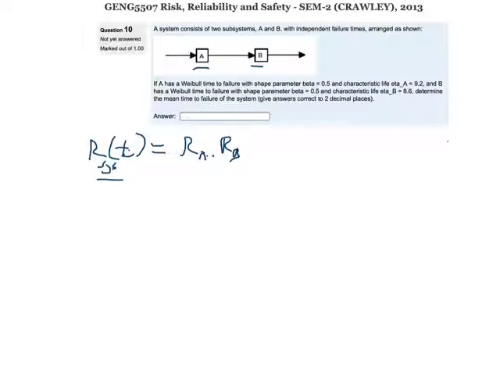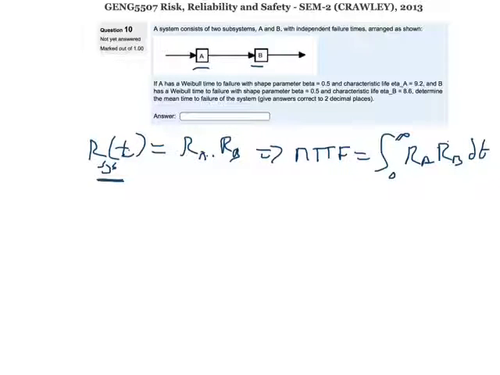And then we can say that mean time to failure is the integral from 0 to infinity of R system, which is going to be RA RB dt.